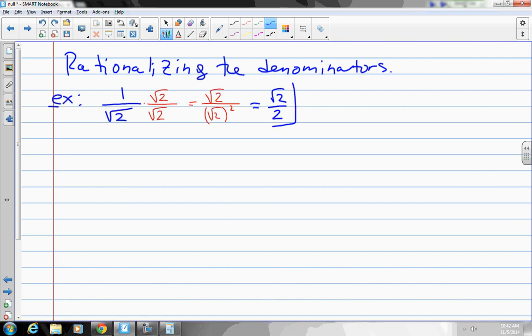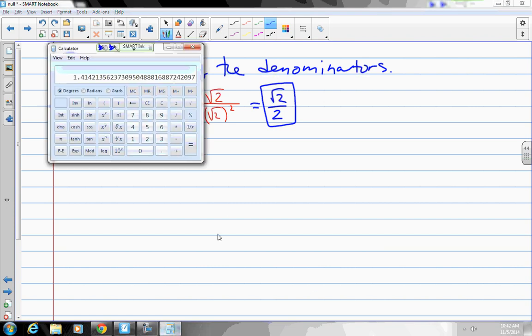So this is an acceptable answer. It is numerically the same as 1 divided by the square root of 2. Let me show you that. If I go 1 divided by the square root of 2 equals that, right? That's what we started with.